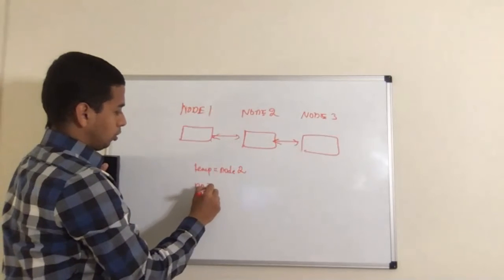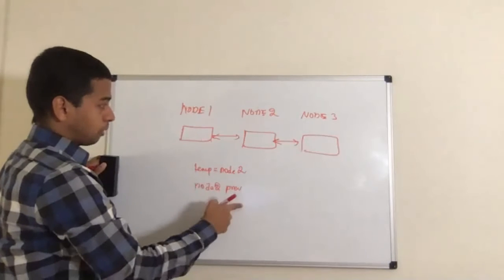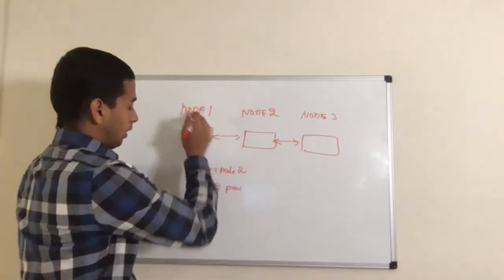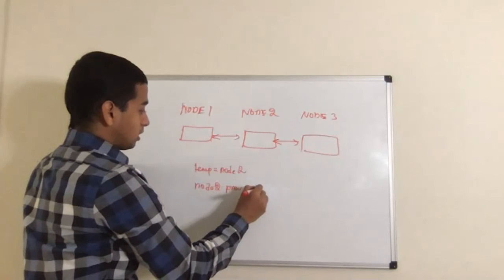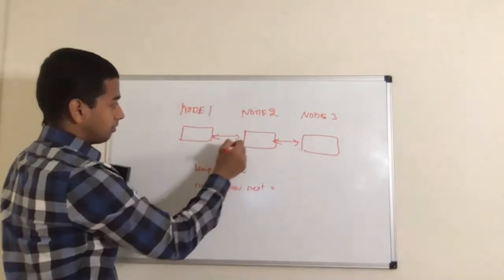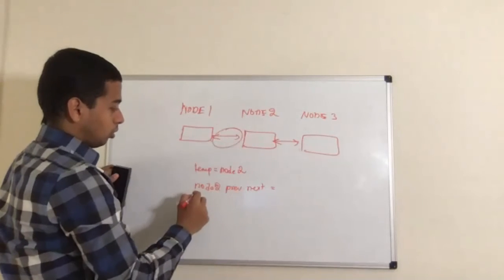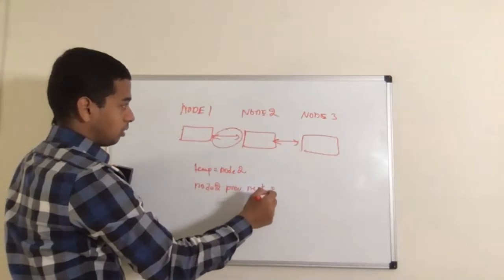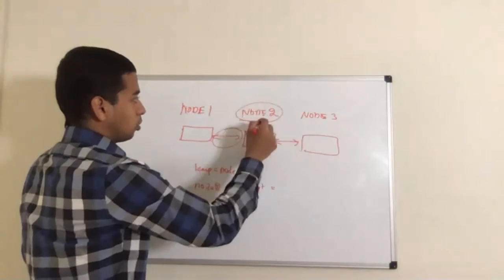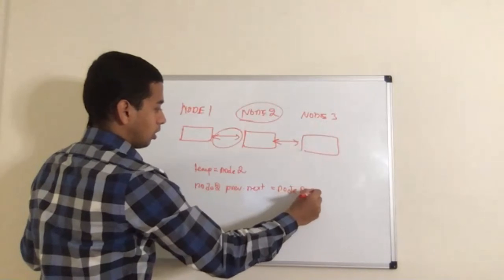That means node 2 dot previous, which is node 1. I'm setting the next of this. Previous dot next means this link. Okay. Node 2 dot previous dot next equal to node 2 dot next. What is this? Node 2 dot next is the next element.